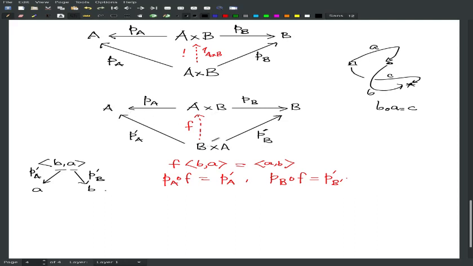One is this direct one and the other one is via A cross B, and we say that commutes means this followed by this is nothing else but equal to this, which is this equation. Is it clear?